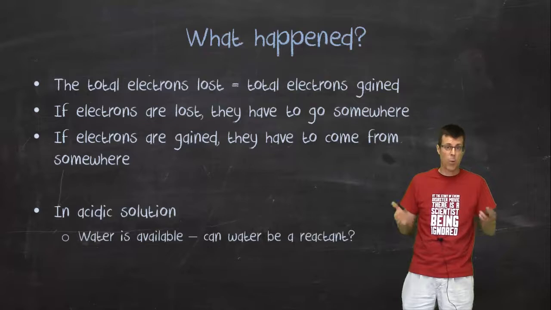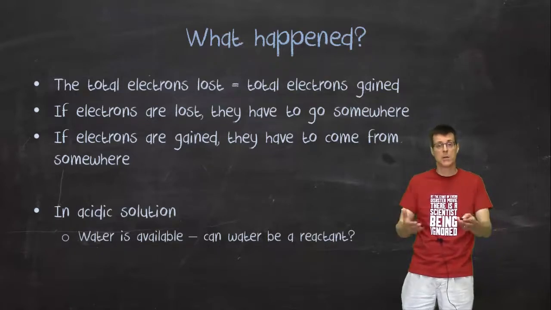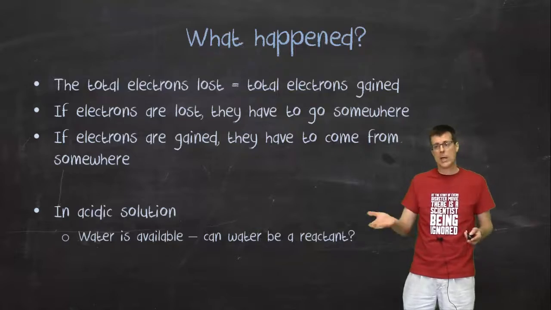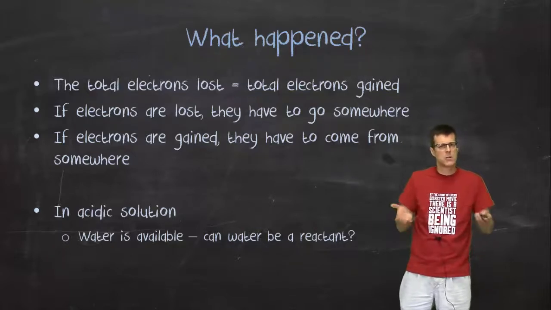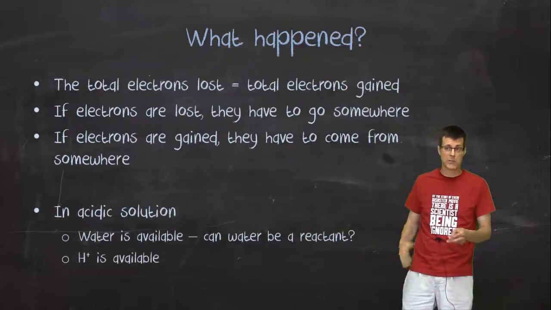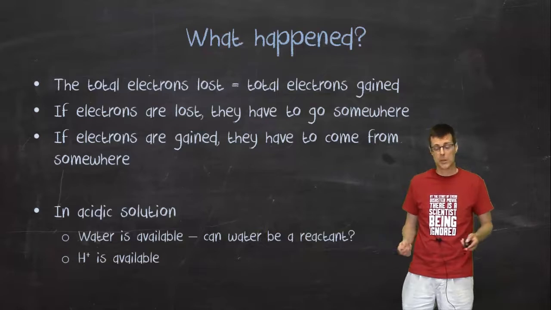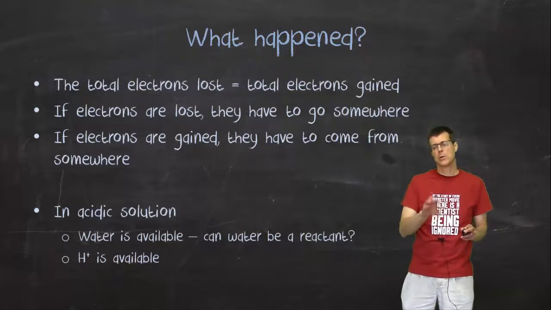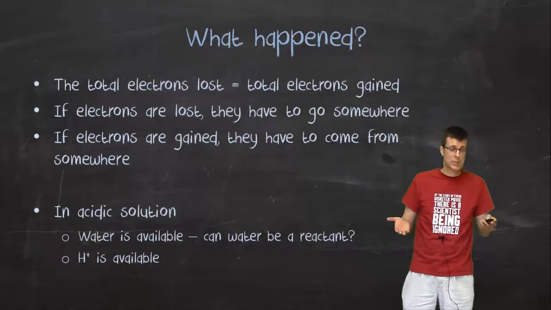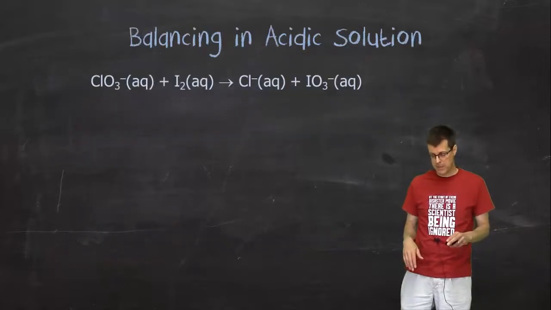One thing is water is available, and I could perhaps get water involved as a reactant. Water maybe could gain electrons or lose electrons. It could somehow be involved. And I also have some hydrogen ions, or perhaps you recall hydronium ions. They're floating around and they could be made available. And I ignored all of that. But if I start thinking about these other things that are just sort of in solution, maybe I can find a way to balance this.